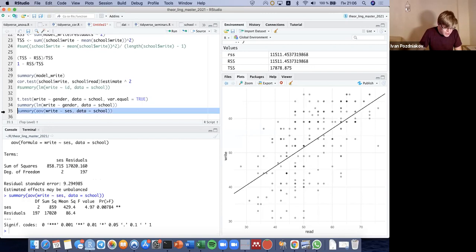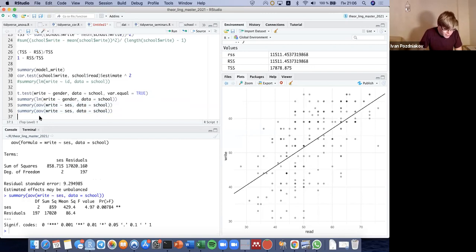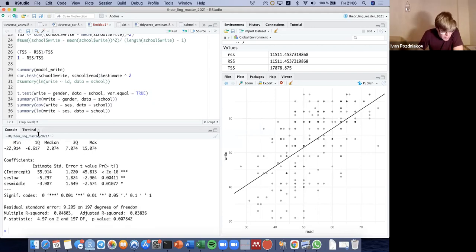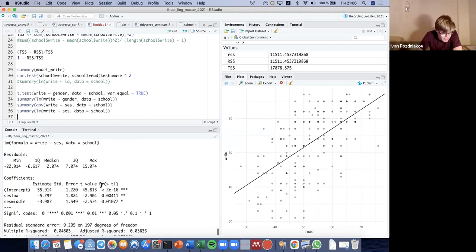And you can just change one thing in this line, just change aov with lm, and you'll get the same result. It creates two variables by dummy coding, because you cannot use categorical predictors for linear regression.